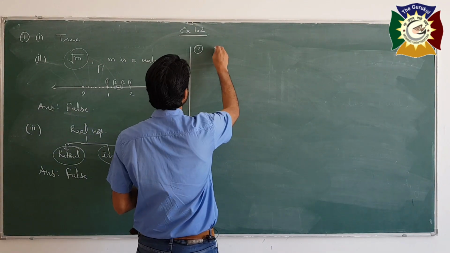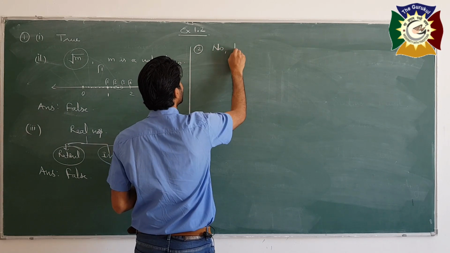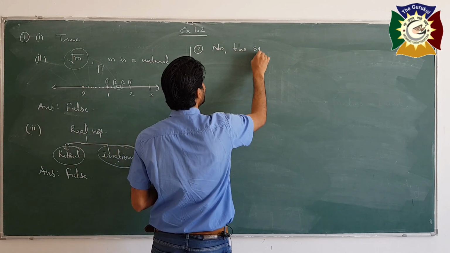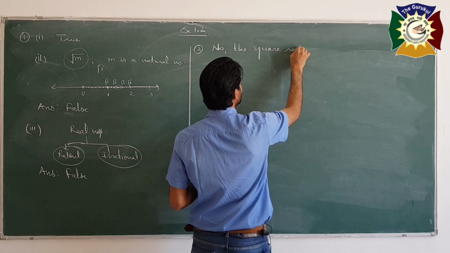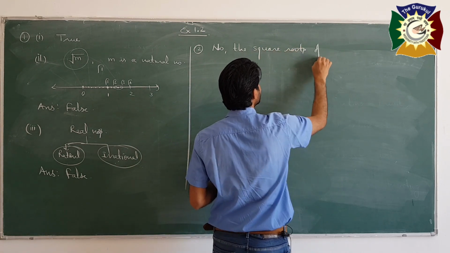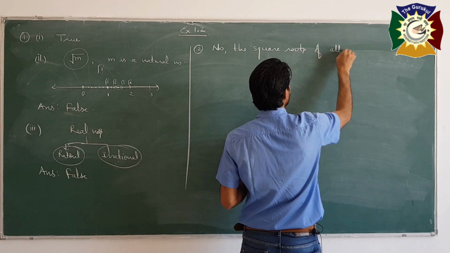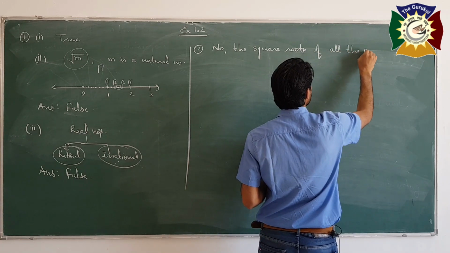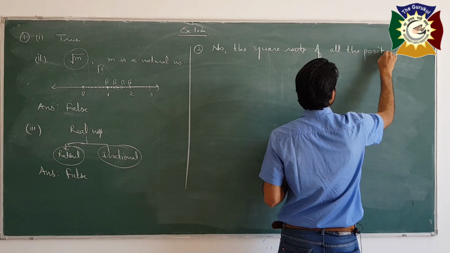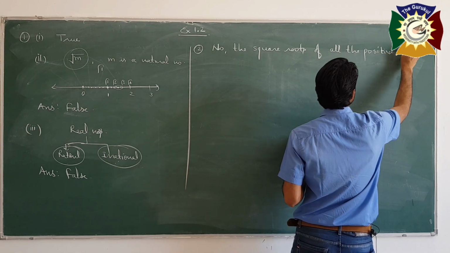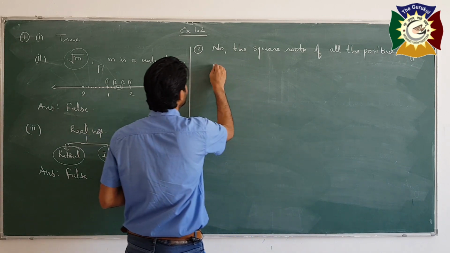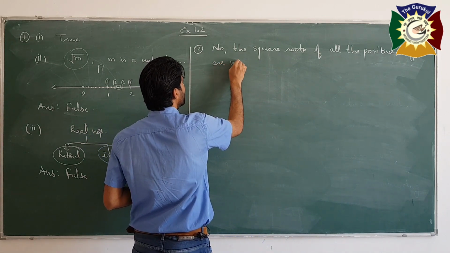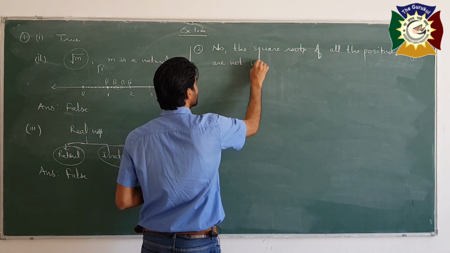So the answer is no. The square roots of all the positive integers are not irrational.